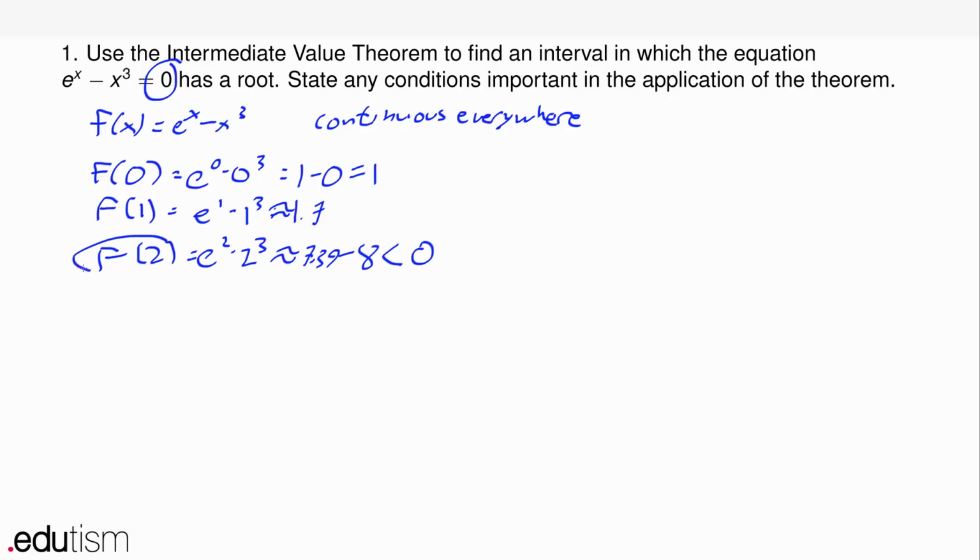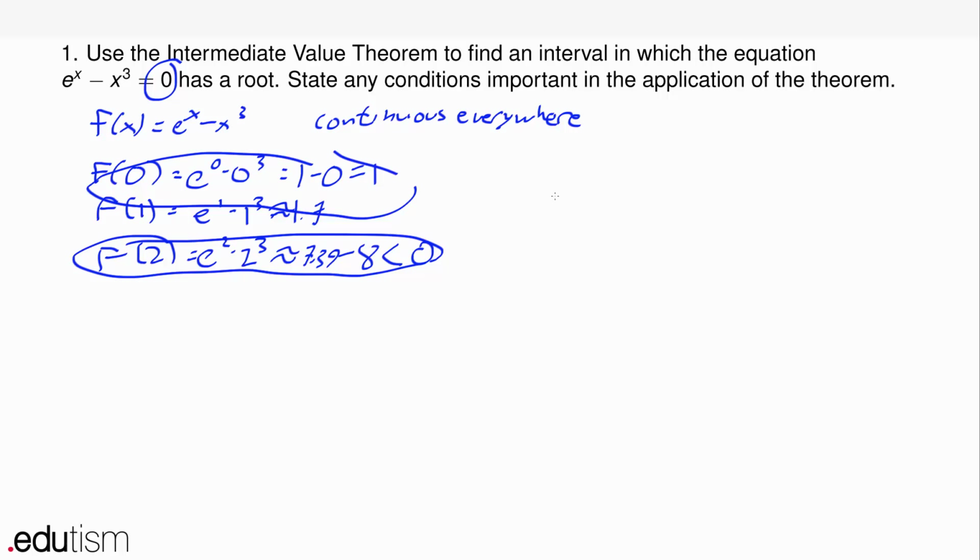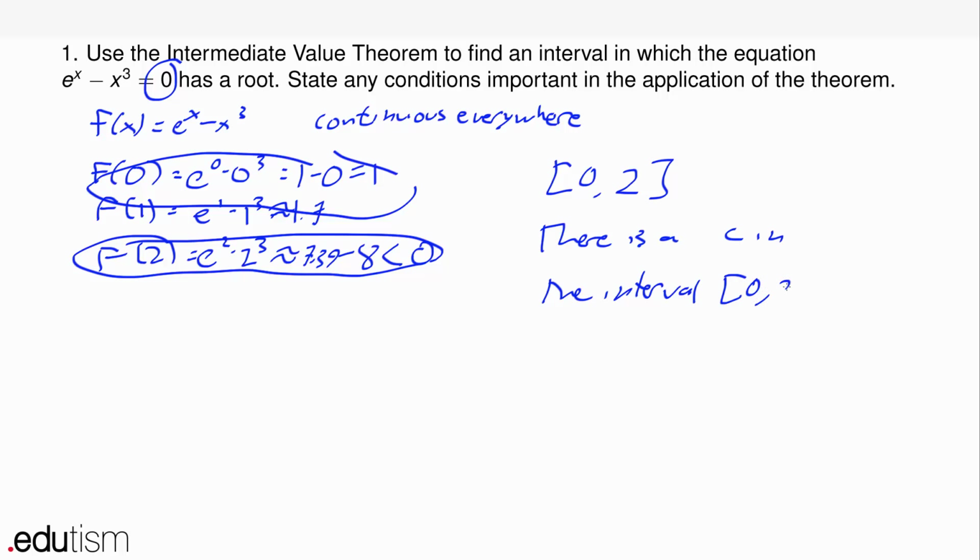So since f of 2 is less than 0, and f of 0 is bigger than 0, if we pick the interval from 0 to 2, there is a c in the interval from 0 to 2 such that f of c equals 0.